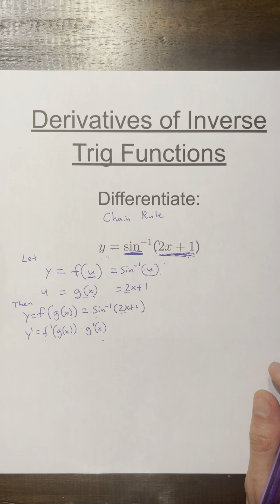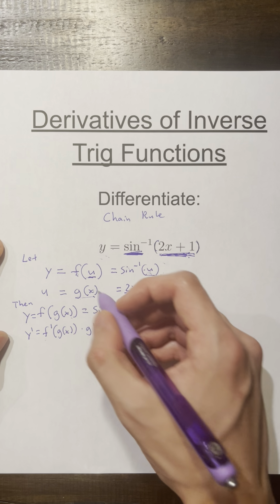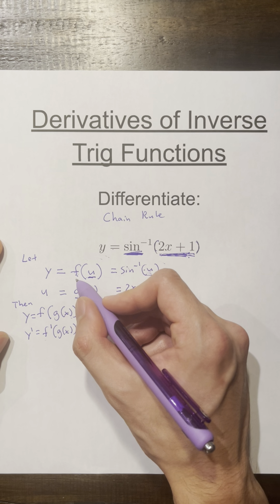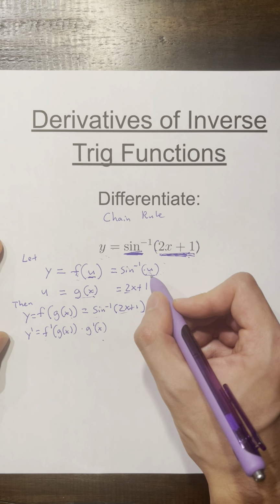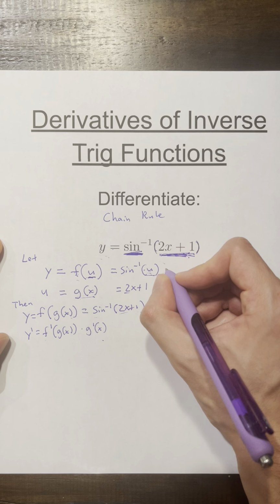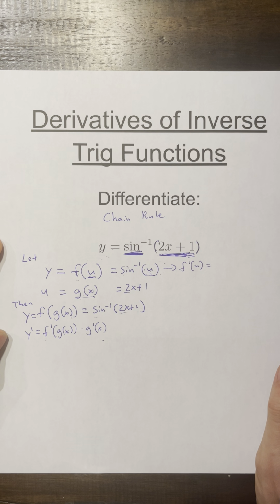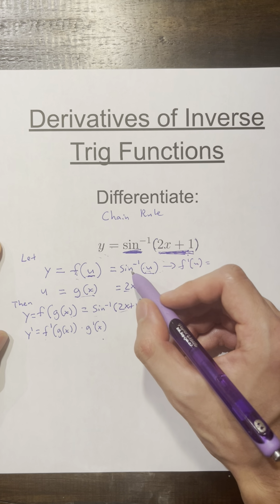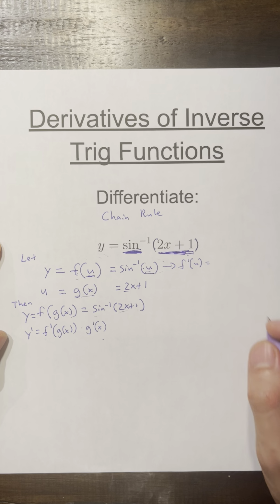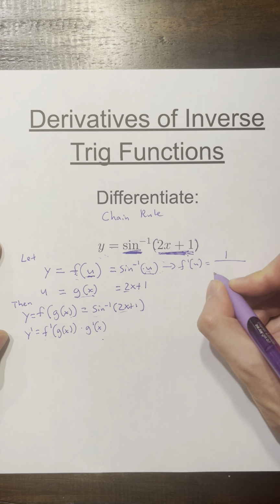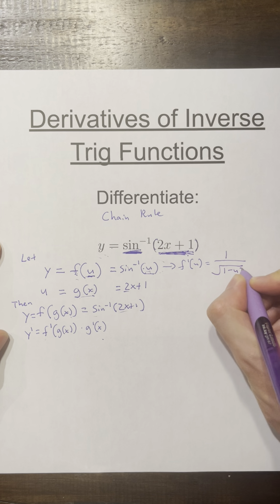Let's go ahead and do that. So to figure out f prime, we're going to look at f. So if f of u is equal to arcsine of u, what would f prime of u be equal to? What's the derivative of arcsine? 1 over square root of 1 minus u squared.